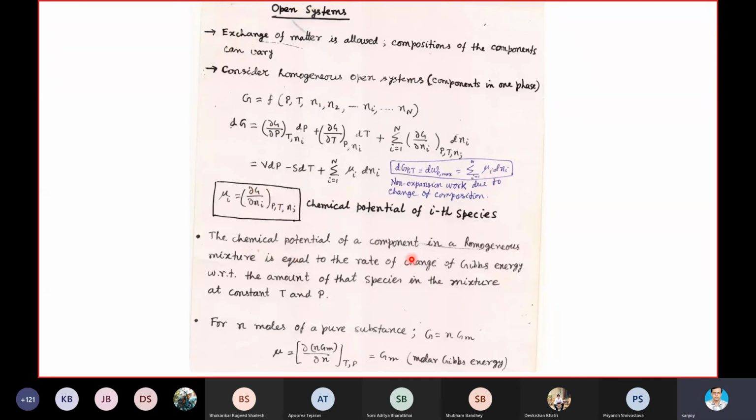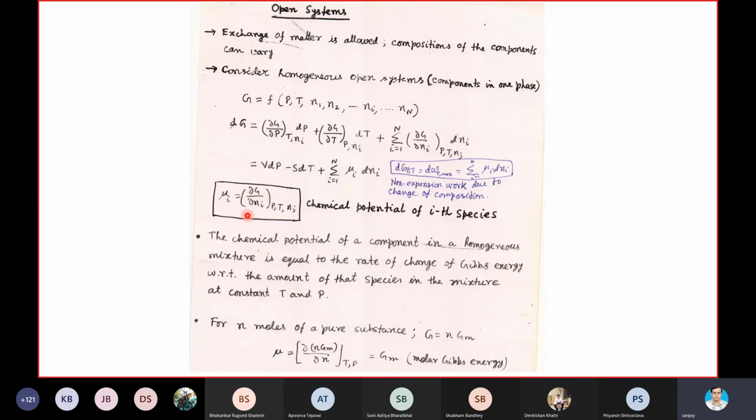What is mu? It is the chemical potential of a component in a homogeneous mixture, equal to the rate of change of Gibbs energy with respect to the amount of that particular species in the mixture, at constant pressure, temperature, and composition of all the other constituents. So this is the definition of chemical potential.